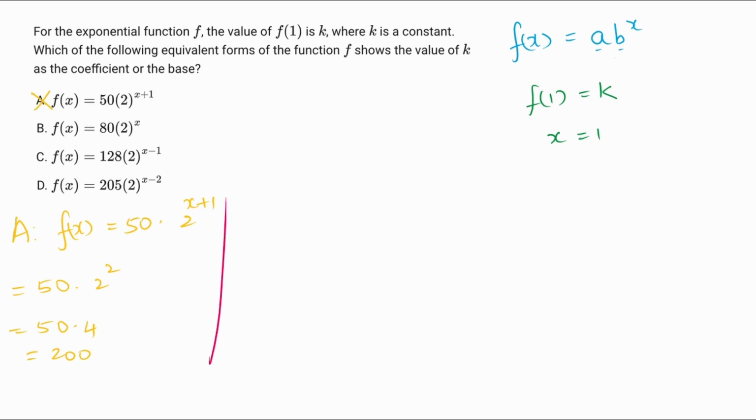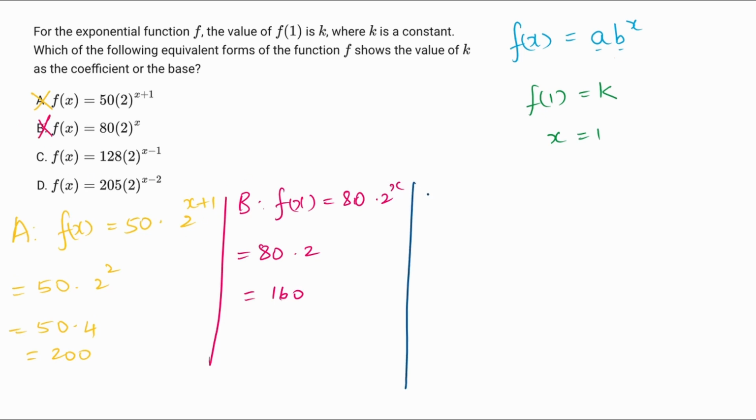So now let's consider our option B. So option B is given by f of x is equal to 80 times 2 to the power x. So substituting x value to be equal to 1, we have 80 times 2, which is equal to 160, which is not present in either the coefficient or in the base. Therefore, option B is also wrong.